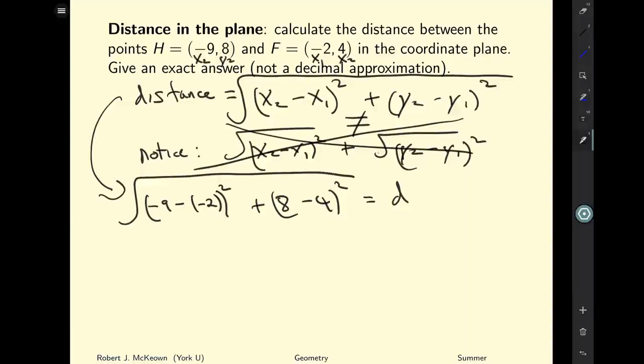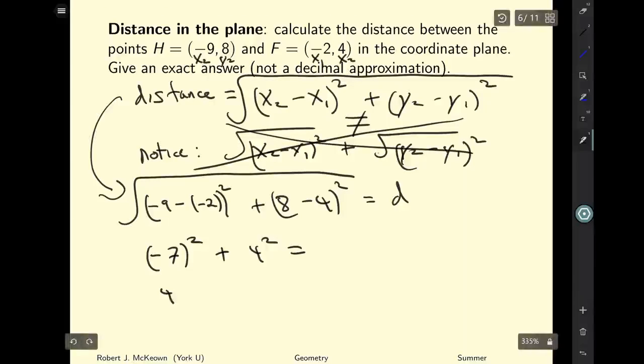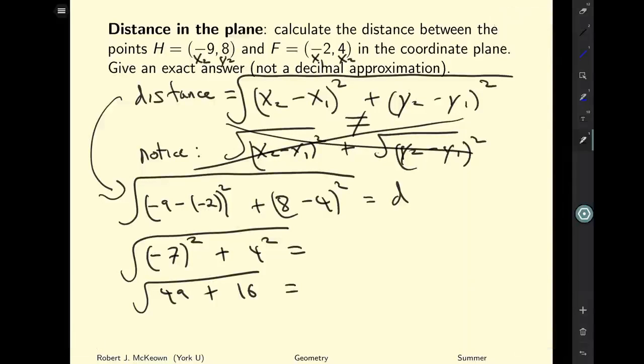Now let's work through some of these numbers. So we've got negative 7 squared plus 4 squared is equal to something. That's going to be 49 plus 16, which is, oh, don't forget my square roots. And we've got the square root of 65.